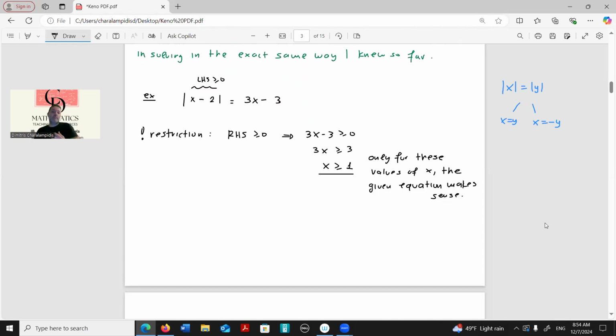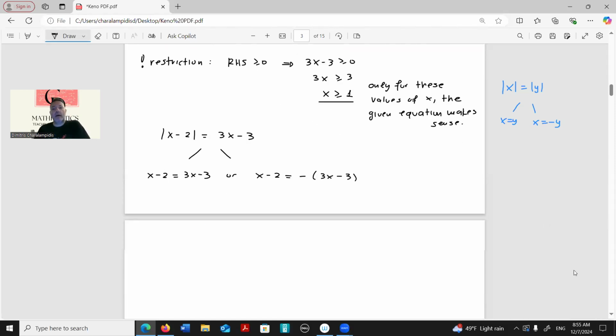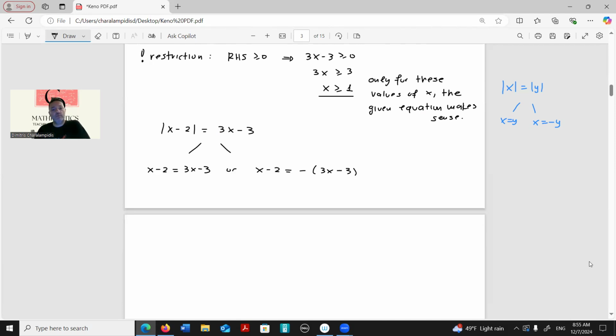Now that I have set up my restriction, I will go on as I should before. So absolute value of x minus 2 is 3x minus 3, means that x minus 2 is either equal to 3x minus 3 or x minus 2 is equal to the opposite of that. I need to solve these two separately.